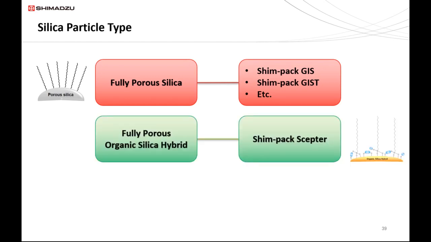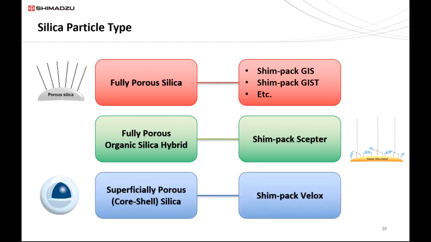In recent years, we have seen an increase in popularity of other silica types such as the fully porous organic silica hybrid column and also the superficially porous, also commonly known as core shell columns. These are our Shimpact Scepter and Shimpact Velox series respectively. We will now look at what are the differences between them.